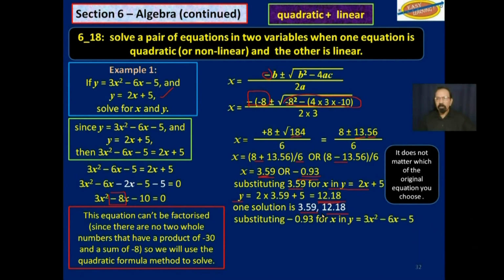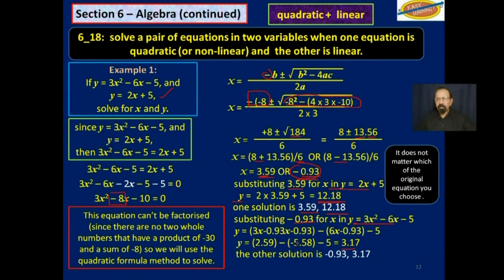And then when we use this other value here for x, we substitute that in the other equation. As I said, it doesn't matter which equation you use. And you work that out, you get 3.17. So the other solution is negative 0.93 and 3.17. So these are our answers.